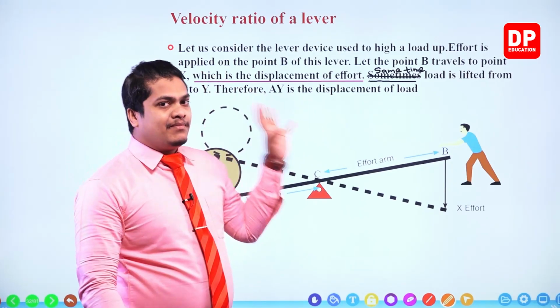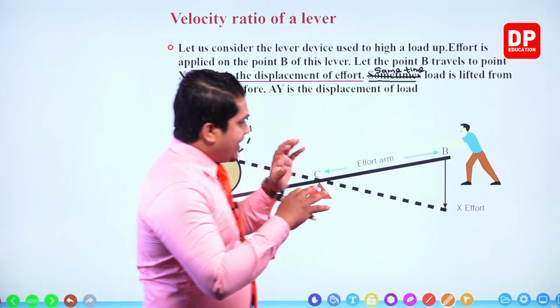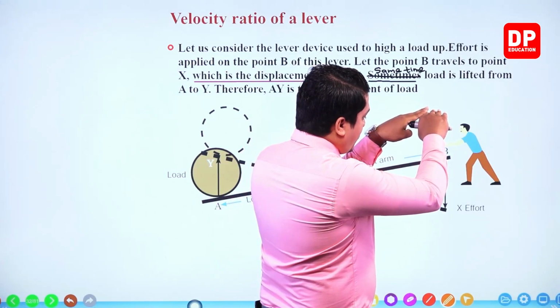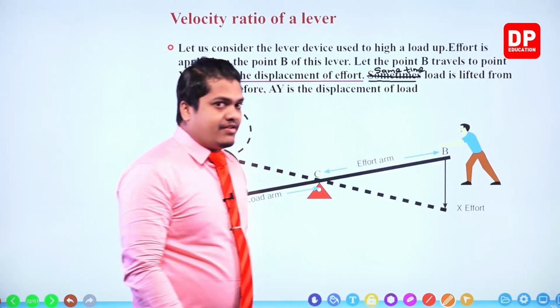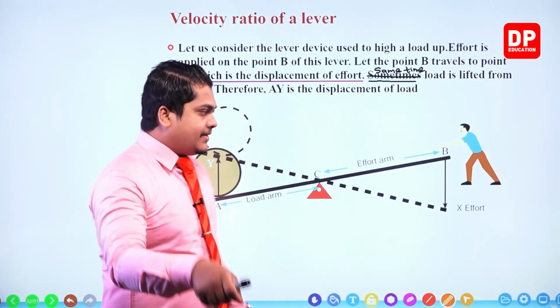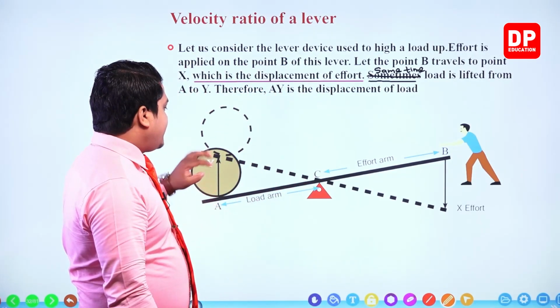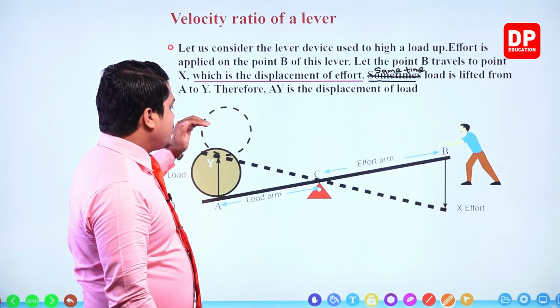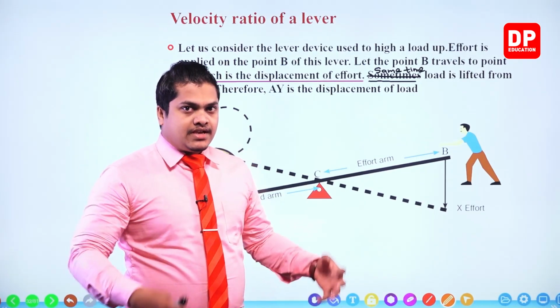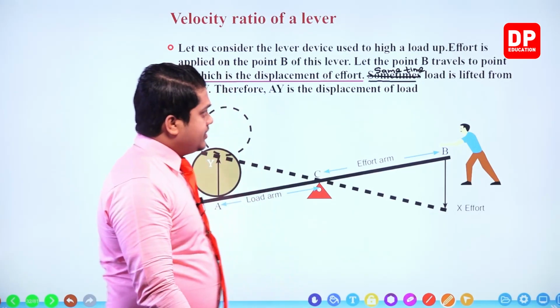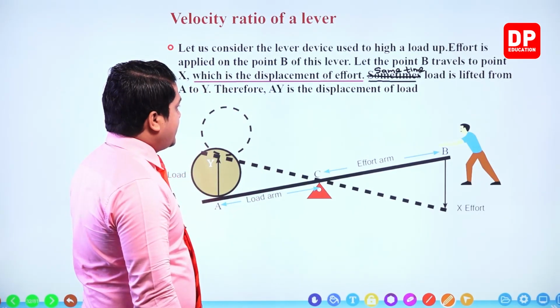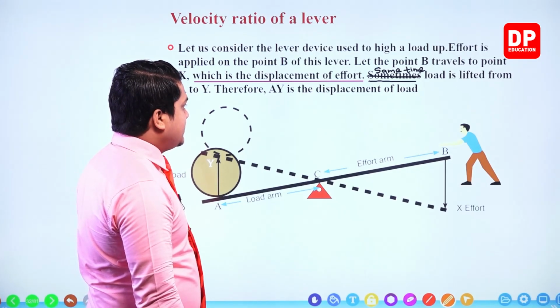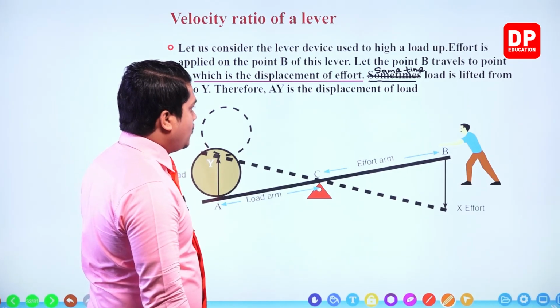So at the same time, when I push the point B to point X by giving a certain effort, the load is getting lifted from point A to point Y. That's how the lever works, right? So, same time, load is lifted from A to Y. Therefore, AY is the displacement of the load.